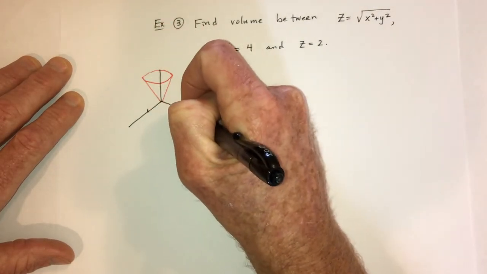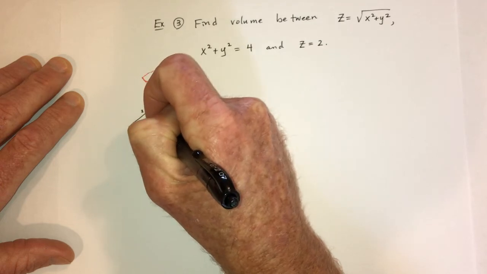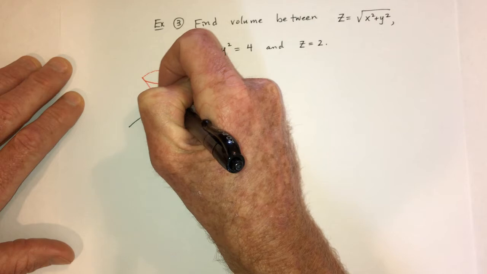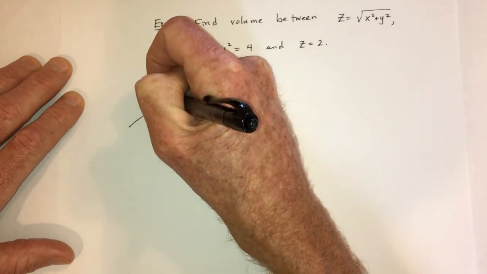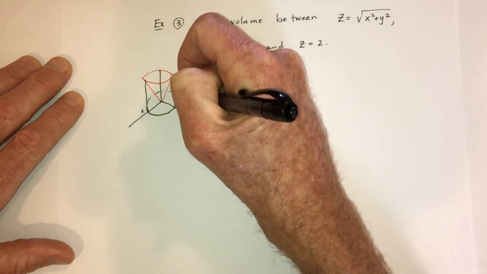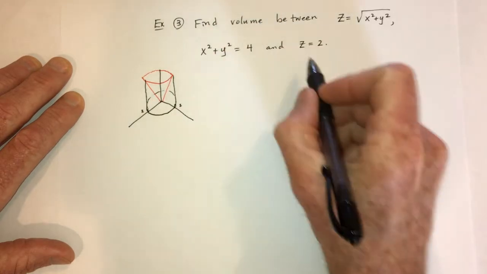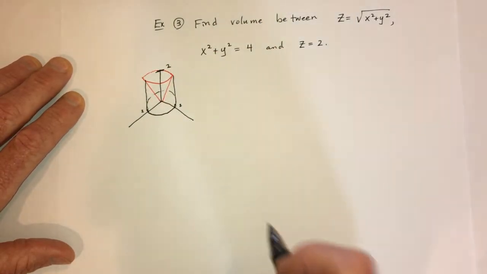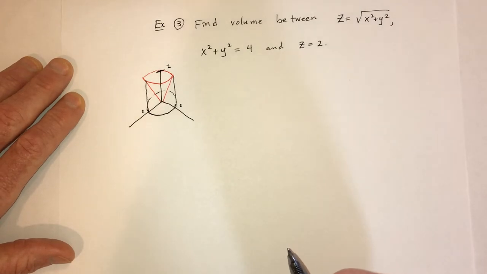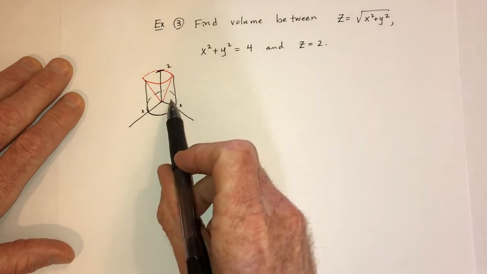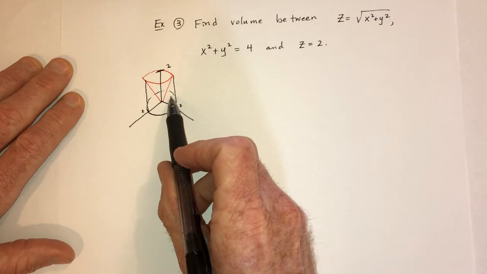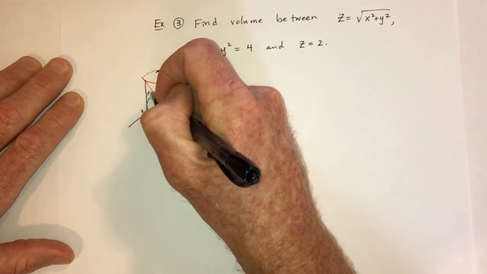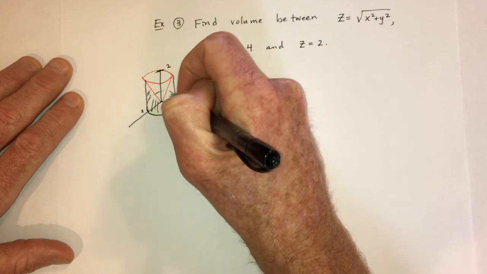So if you go out to 2 on the x-axis and the y-axis, and then make a nice circle, then that circle is going to go up until it hits the cone. And then z equals 2 means stop it where z is equal to 2. And then we're supposed to find the volume inside here. So it's this volume in here that we're finding.